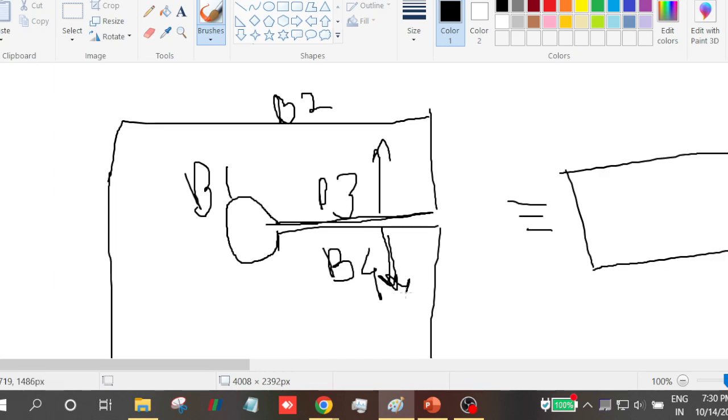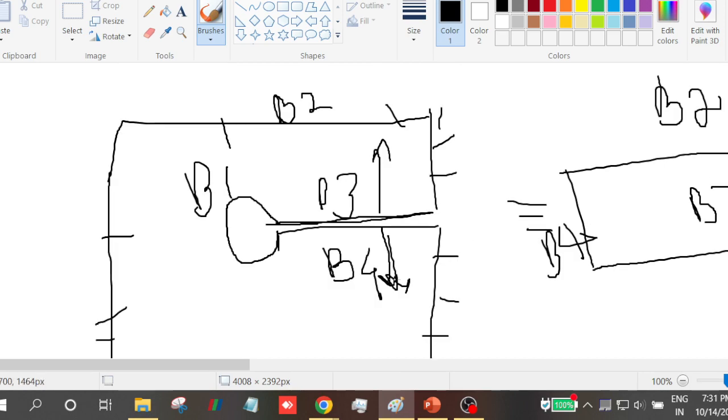If I push it down and then take it towards the left side, B4 will come here. Then similarly we see that B3 will go to the right side, and this whole length, which I'll write as this dash here, will be B2.